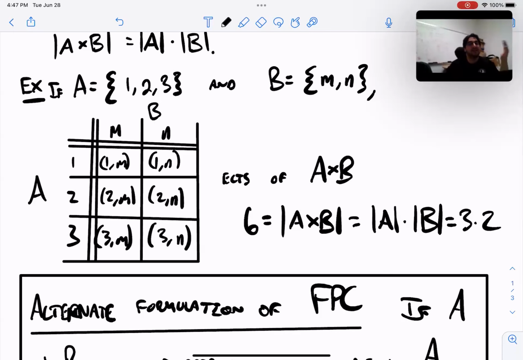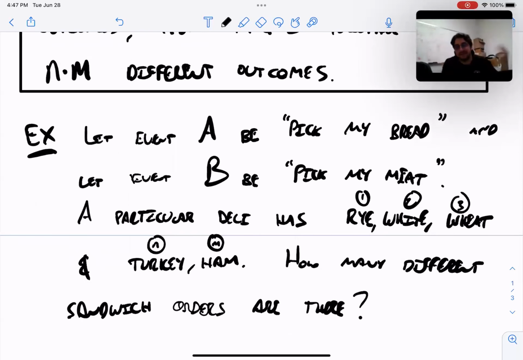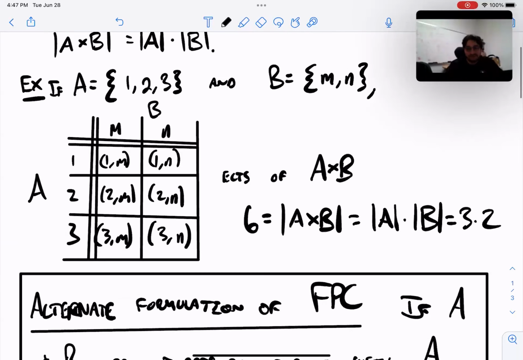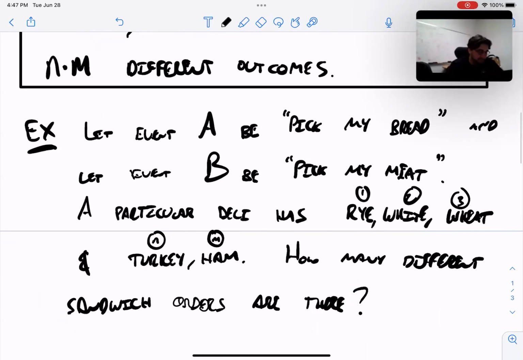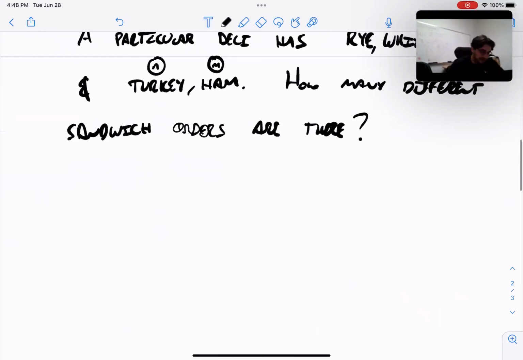So 1, comma, M, for example, would be, sorry, ham on rye, right? That would be a way to have a correspondence between those. So you could say those are the 6, right? There's 2 times 3 equals 6 sandwiches.